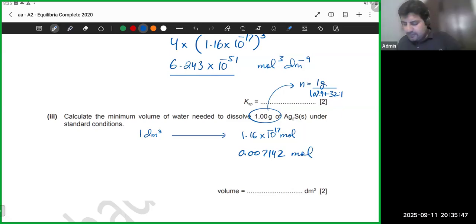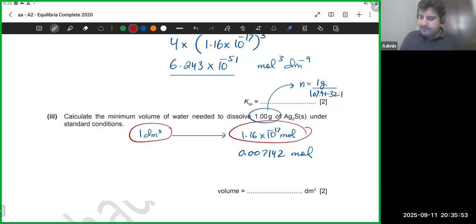Okay, so all you had to do was, they already gave us the solubility, mole per dm cubed. So 1.16 times 10 to the power minus 17 moles go into 1 dm cubed. In our case, it was 1 gram, which is this many moles. So I'm just going to use ratios and figure out what X is.